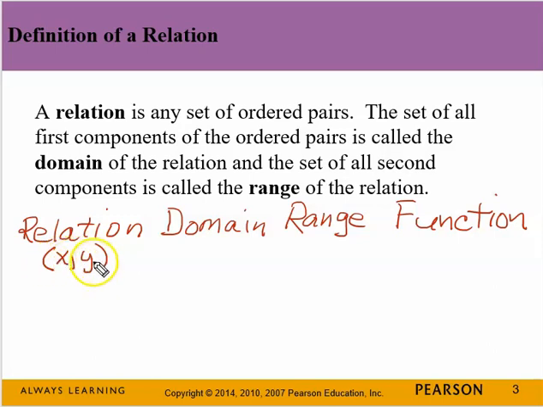So an ordered pair is an example of a relation. They are connected together. Now, within the ordered pair, we have the X element. That is what the domain is. So the X elements of ordered pairs or anything related to this refer to the domain. And the range is the Y elements.